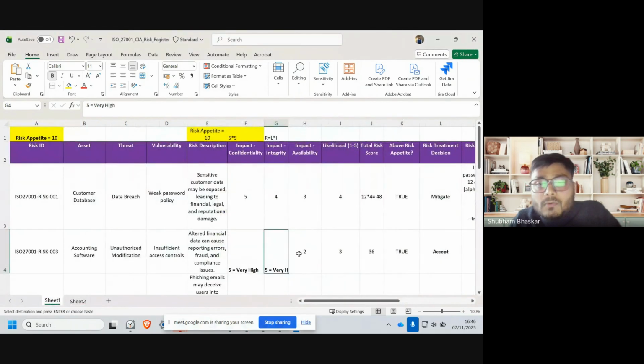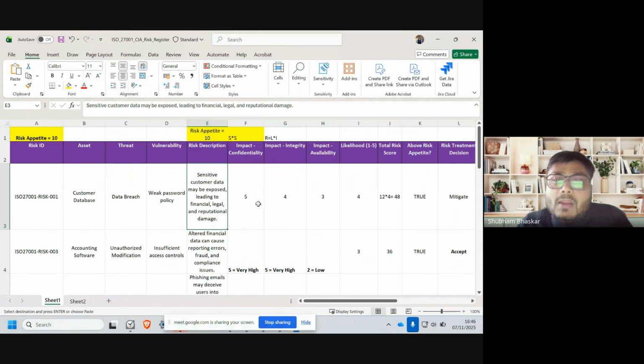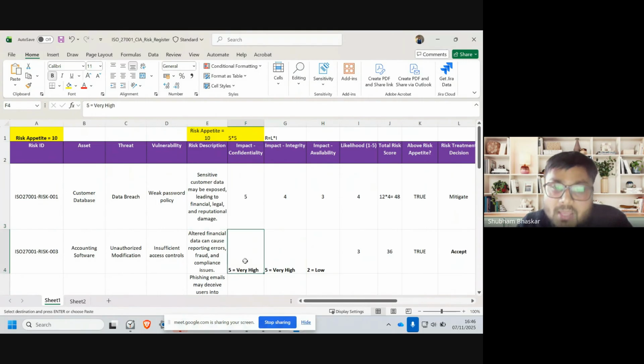Let me just put that for the case. So how do we calculate this? In this case, we are using numbers. We are saying that if sensitive data is exposed, the impact to confidentiality will be very high, the impact to integrity will be 4 as in high, and impact to availability will be 3, which is moderate.